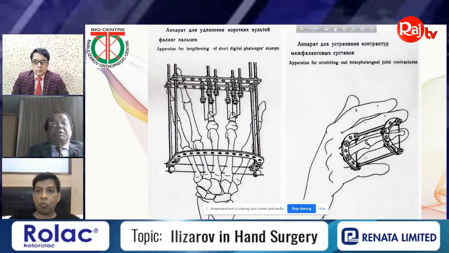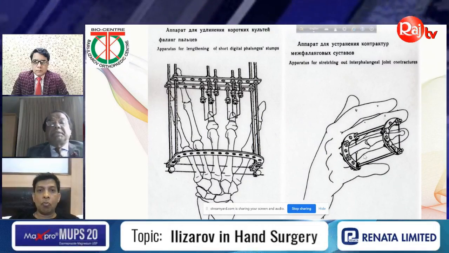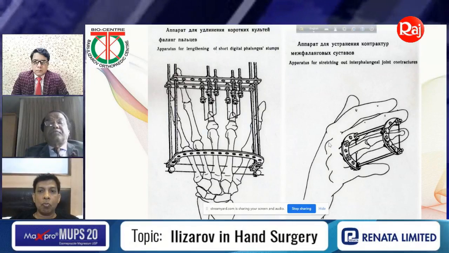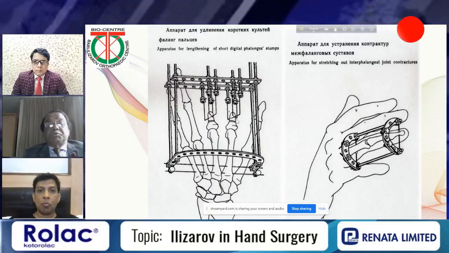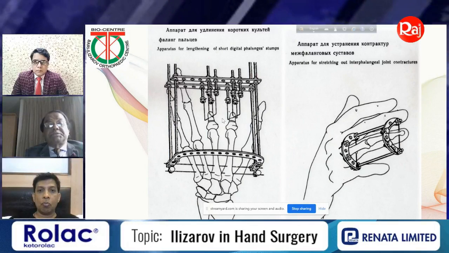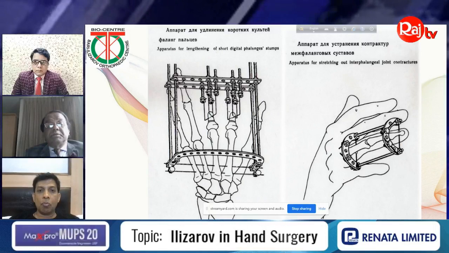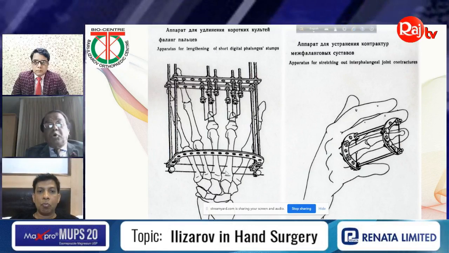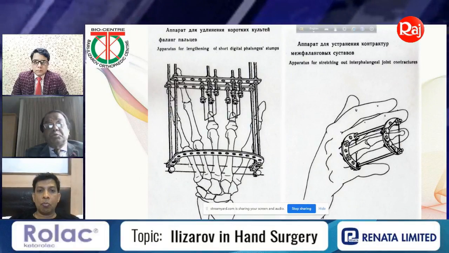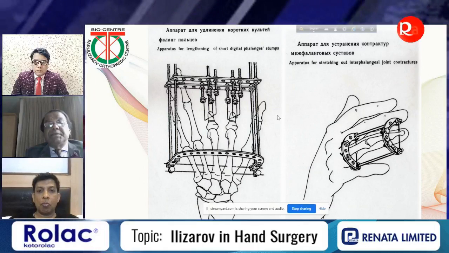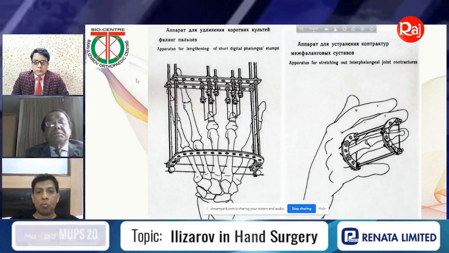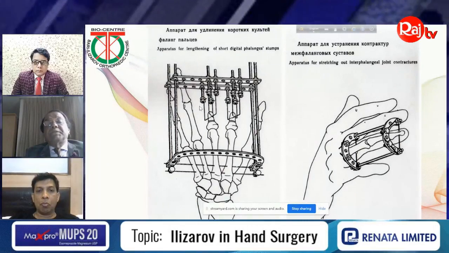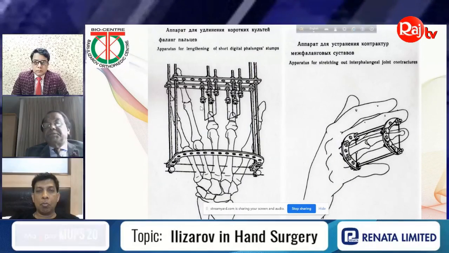Now, here, dear friend, you can see apparatus for lengthening of the short digital phalanges. If you have short hands, you can do like this. See here, fix. You can use this bow. You can fix it to two wires, and then two small bar shears. Then you can go for lengthening of the distal digital phalanx.